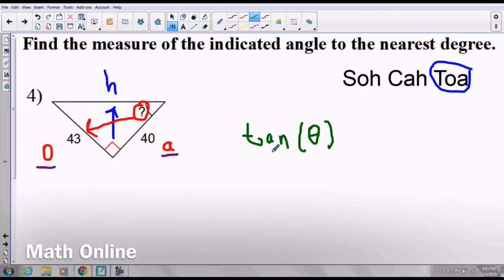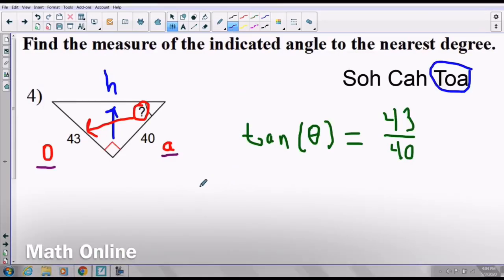So tangent of theta, which is the angle of interest, is equal to what ratio, guys? Opposite over adjacent. So that would be 43 over 40. Awesome. So here's our equation. Okay. We're going to take the inverse tangent.